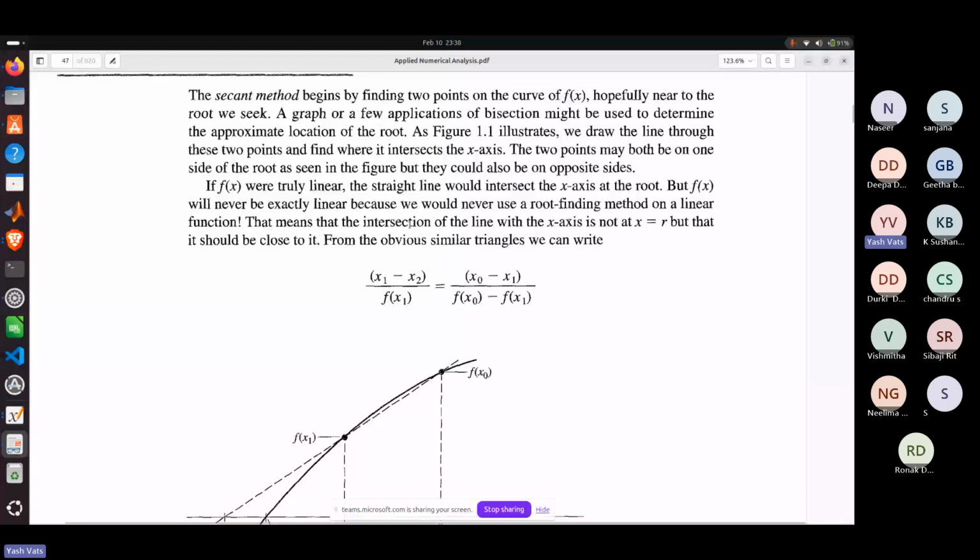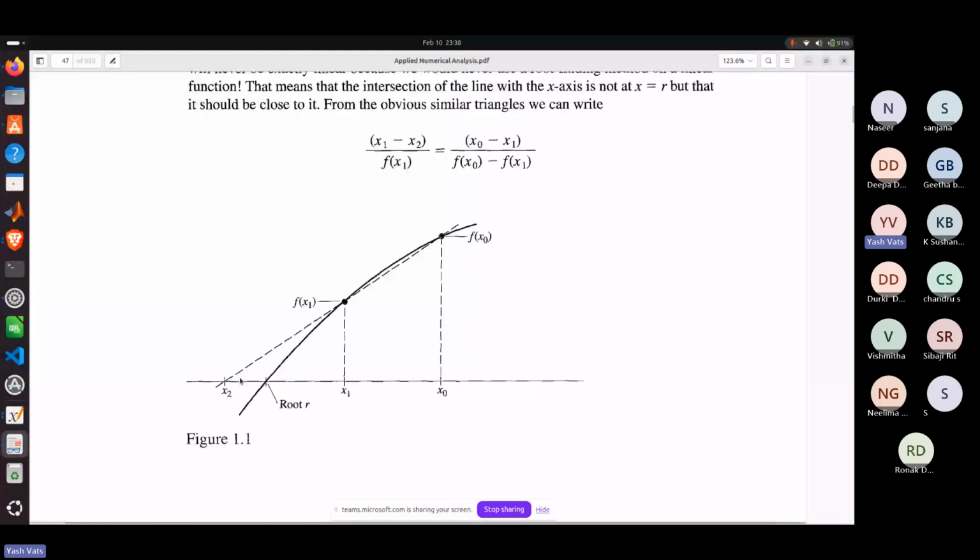If you don't know the root x, see the picture. You know only one point, x naught, and you don't know the other point. So just take x naught and x1 as starting points and find the value of the function at these points, f of x naught and f of x1.